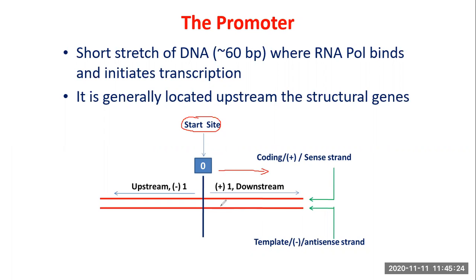It is also designated as +1, +2, +3 like this. And this area on this side is called upstream, designated as -1, -2, -3, -4 like this. So promoters are usually located upstream of the structural genes under their control.